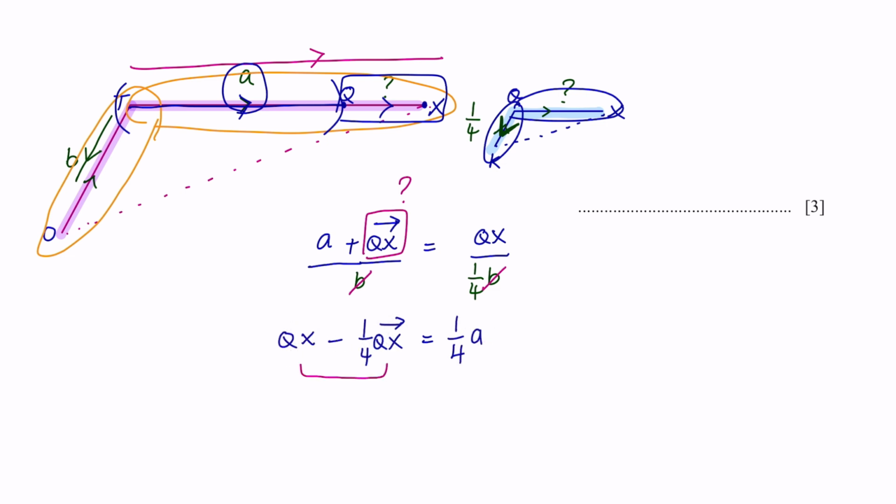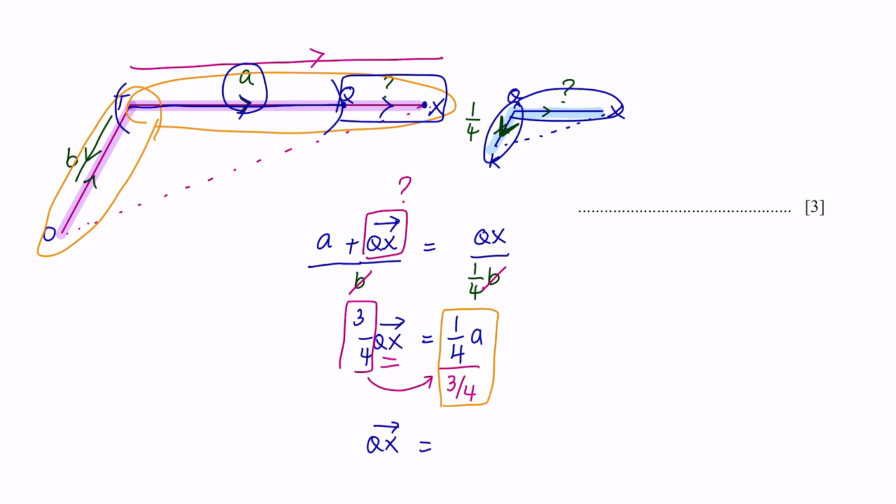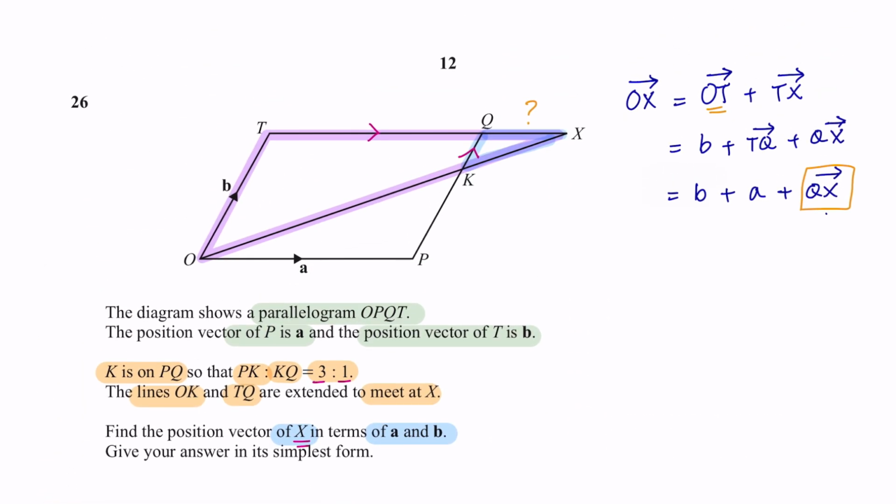These are both QX, so we can simplify this to 3 over 4 QX. Since we're only looking for QX, we can bring 3 out of 4 to this side. And 1 out of 4 over 3 out of 4 will give us 1 over 3 a. So now we have the vector of QX. So QX here is 1 over 3 a.